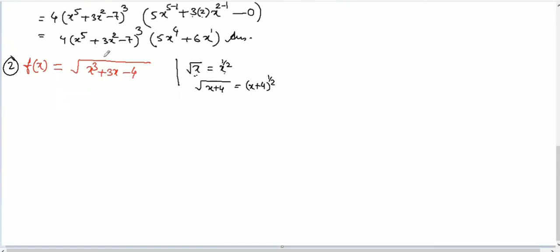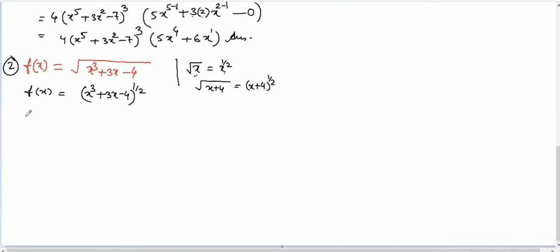So square root represents half. So write down the function in power form, because we have to differentiate this, otherwise we won't be able to differentiate it: (x cube plus 3x minus 4) to the power half. So we wrote the question in this form, and now differentiate this.